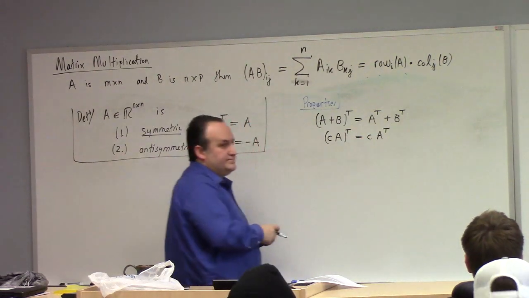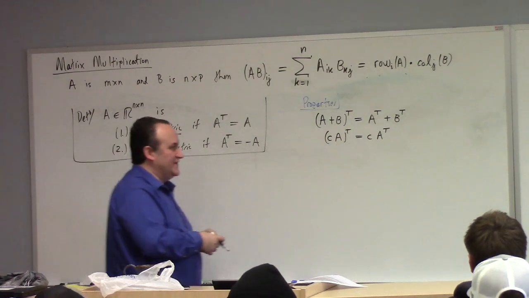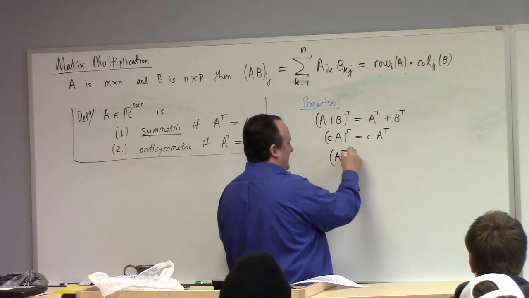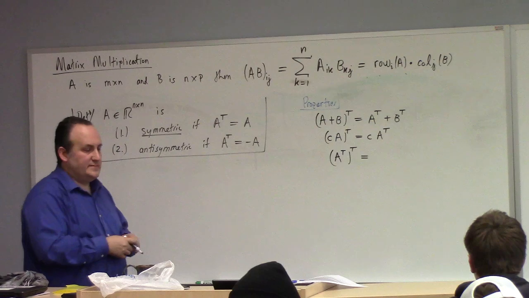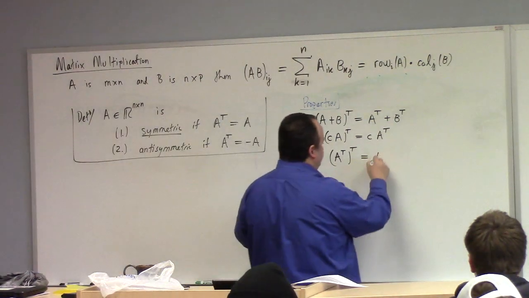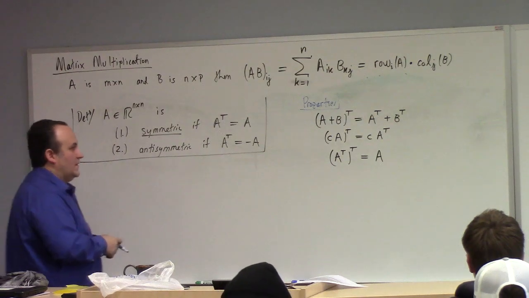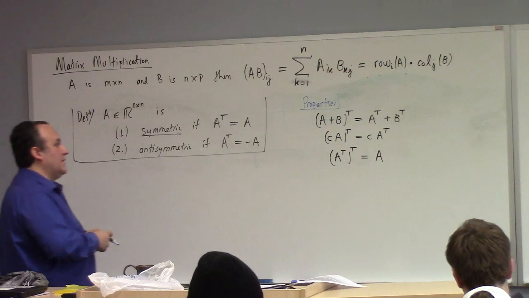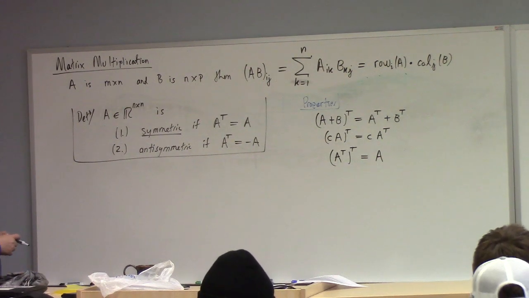Those are the main ones. There's one other, kind of significant. What happens if you transpose a transpose? What's A transpose transpose? You get back to A again, right? So these are the properties of the transpose map.